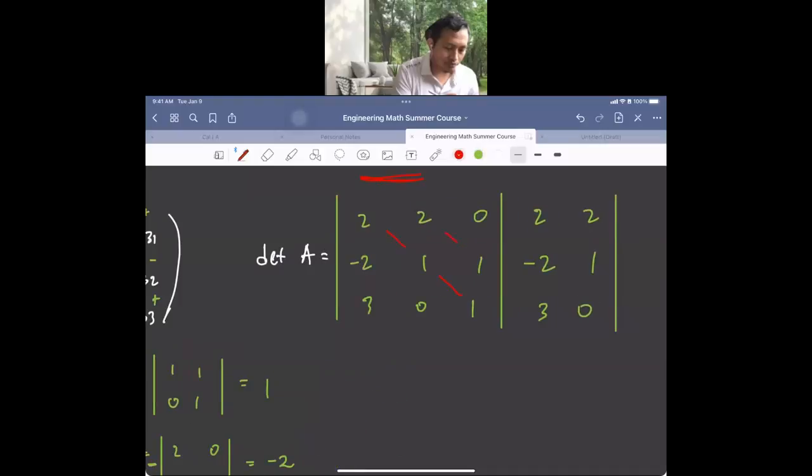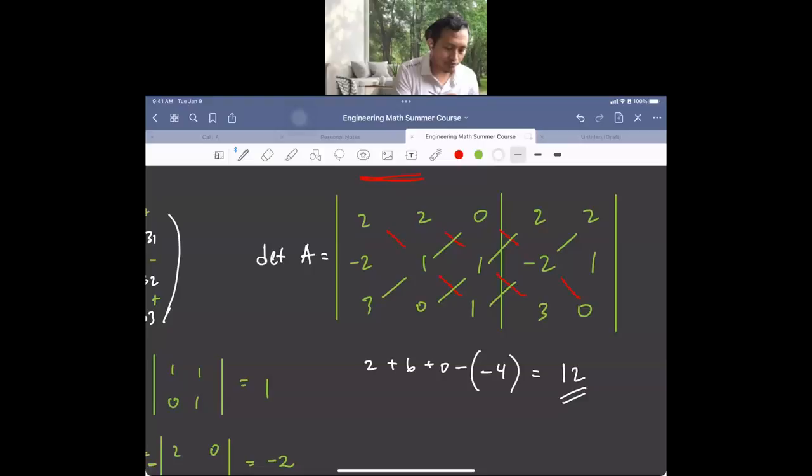So you can just multiply along the diagonals and add. So let me add 2 plus 6 plus 0. Okay, and then minus another set, multiplying here and adding all. The first two are 0, the last one is negative 4. So it will be 8 plus 4 is 12.